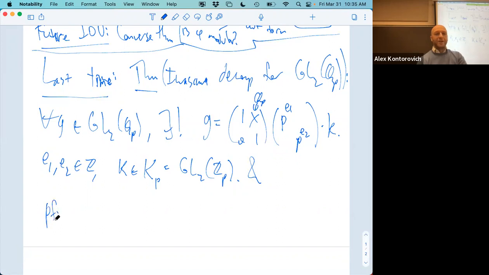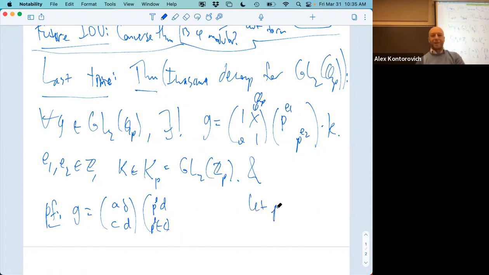Okay, so I think we got as far as, let's just recall the proof. We didn't get very far. You start with your (a b; c d). I want to multiply by k inverse on the right to get something that's upper triangular. If I multiply by something like (d, -c), those will not be in Z_p. So I have to multiply by p^l, so let p^l be the maximum of the p-adic norms of c and d.